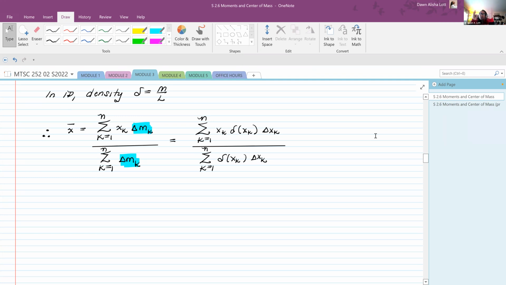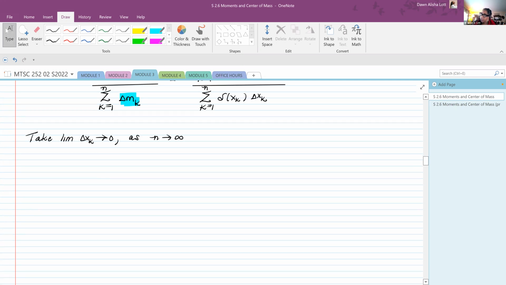Now we're going to chop this thing up into n regions. Then we're going to let n go to infinity, so the length of each piece goes to 0. So now I want to take the limit as delta xk goes to 0, or as n goes to infinity. And you know we end up with an integral.